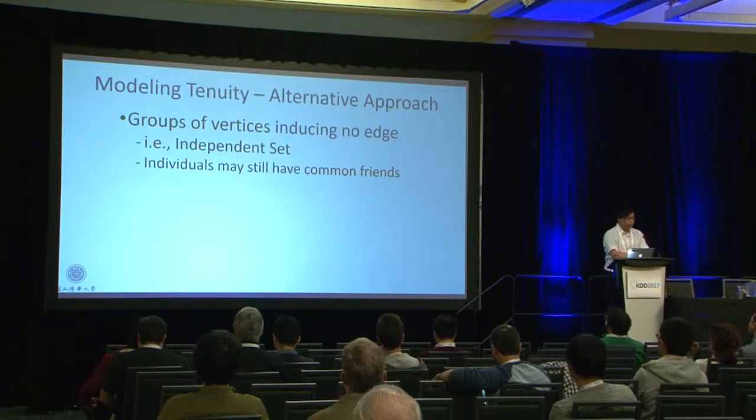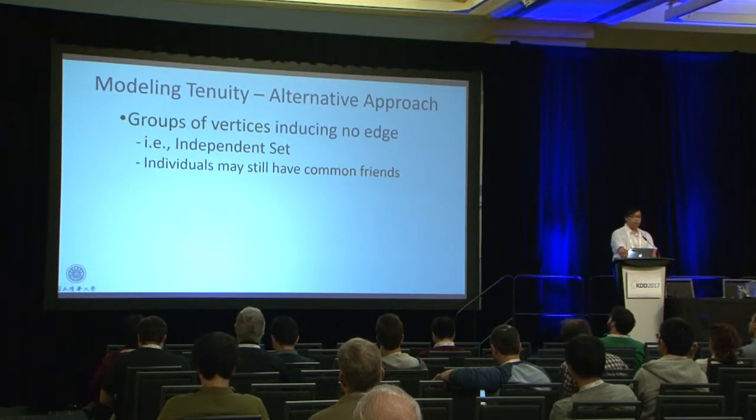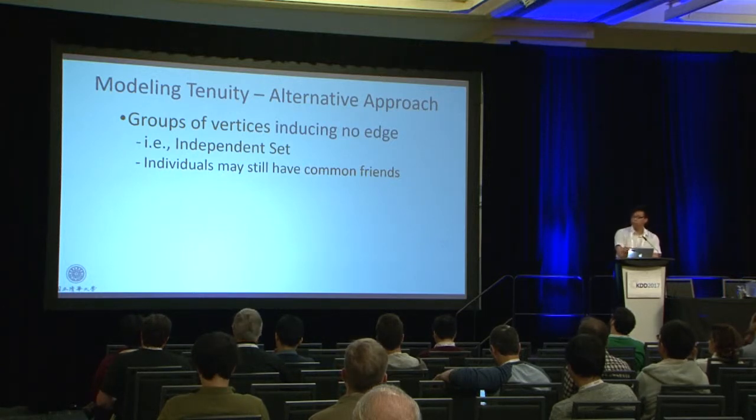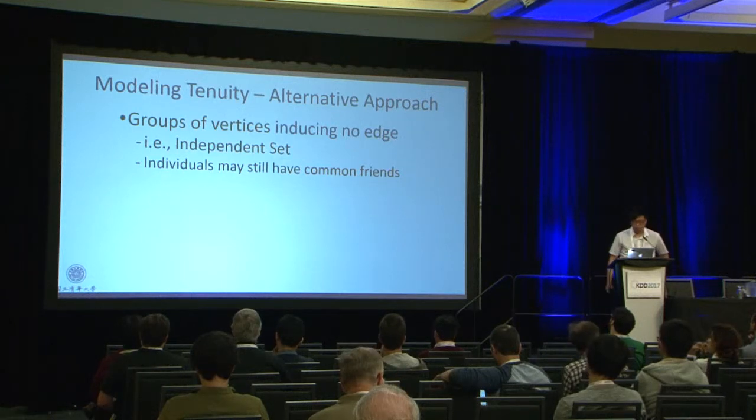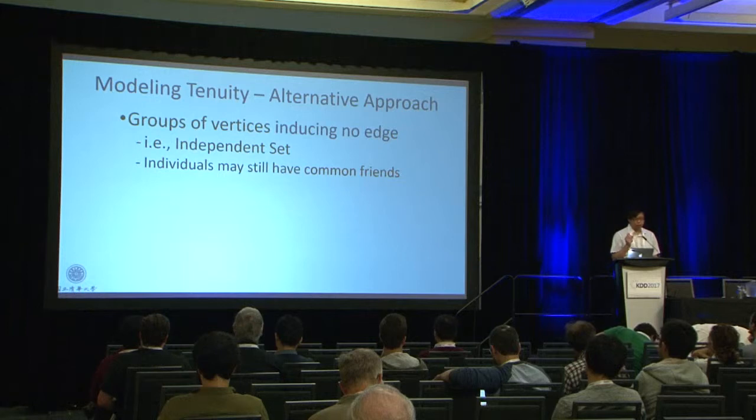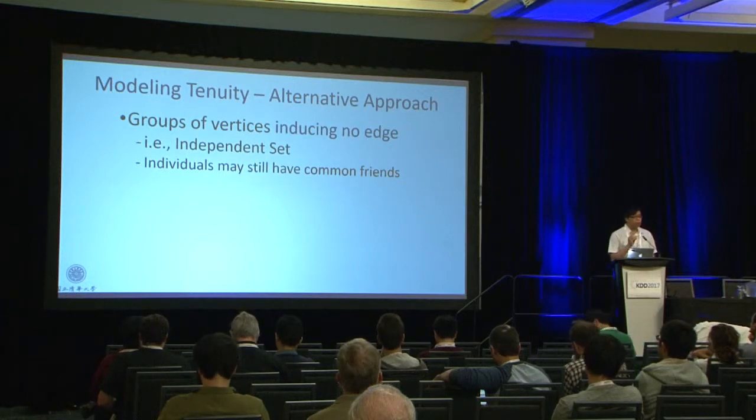After this very high-level concept of socially tenuous groups and motivating examples, now we turn our attention to how to model the tenuity of the groups. One alternative approach is to find groups of vertices that induce no edge at all. In fact, this is the traditional independent set problem.